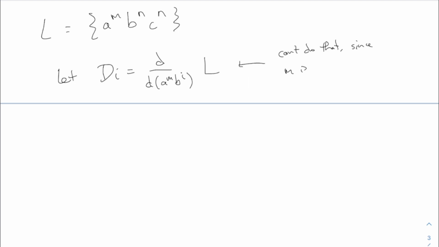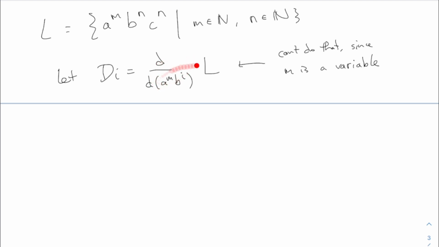Since m is a variable, it's not a specific number, right? When I write a set like this, to be more specific, what I mean is it's a to the m, b to the n, c to the n such that m is a natural number and n is also a natural number, right? So m is not a specific value. It's not like m equals 2 or something, and you can just stick that here.